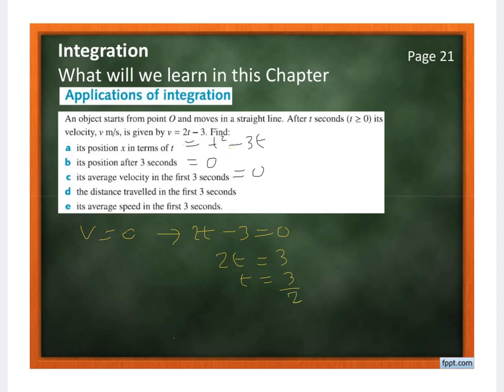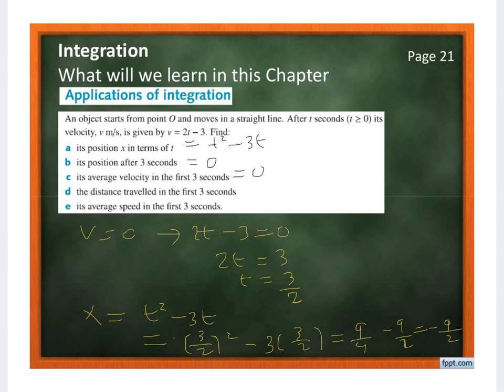And then x equals t squared minus 3t equals 3 over 2 squared minus 3 times 3 over 2, equals 9 over 4 minus 9 over 2. So equal negative 9 over 4.